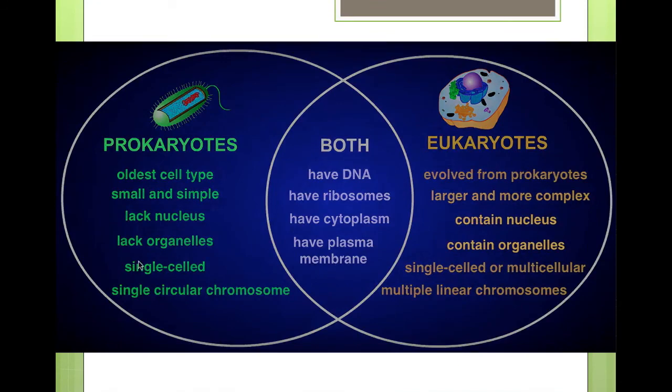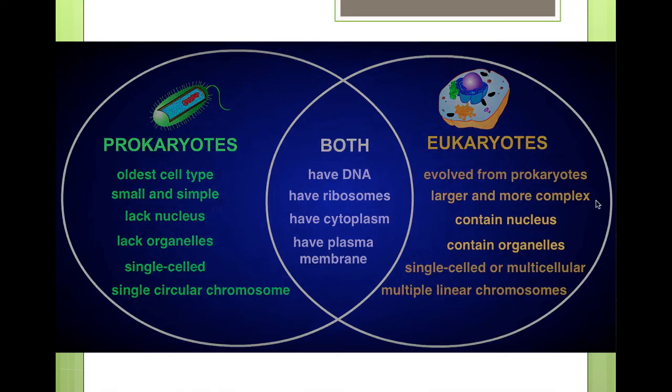The older cells are typically prokaryotic. They're usually small and simple. They don't have a nucleus, they don't have organelles, and they're usually single-celled with a circular piece of DNA or chromosome called a plasmid. The eukaryotic cells are more sophisticated versions of prokaryotes, having evolved from prokaryotes.